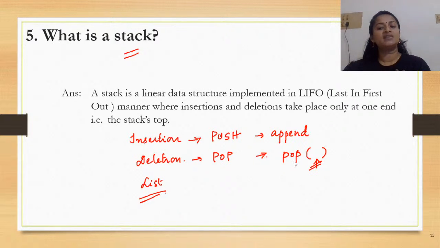If you are just giving pop, the last element in the list would be deleted. The last element is the one pointed to by the top of the stack. Why? Because a stack follows LIFO order, or last in, first out. Okay.